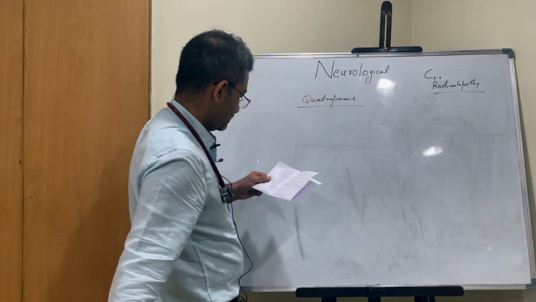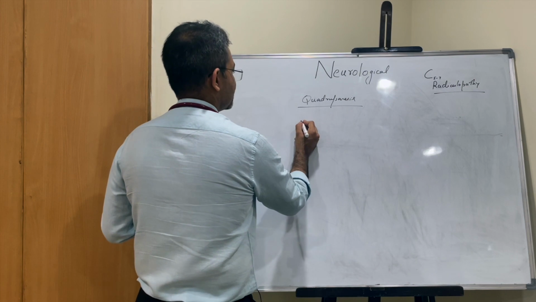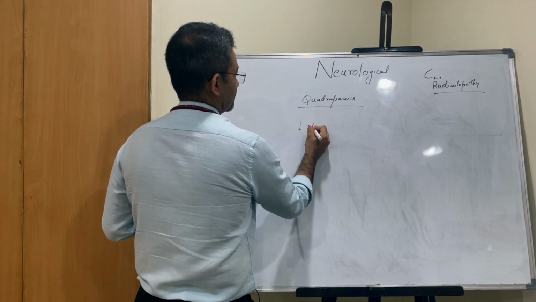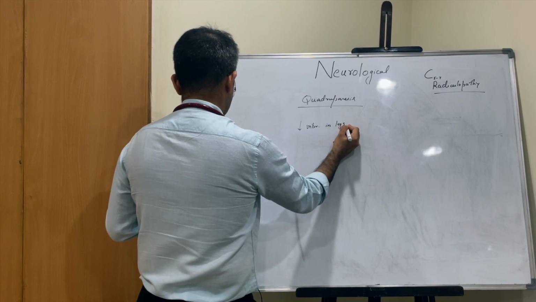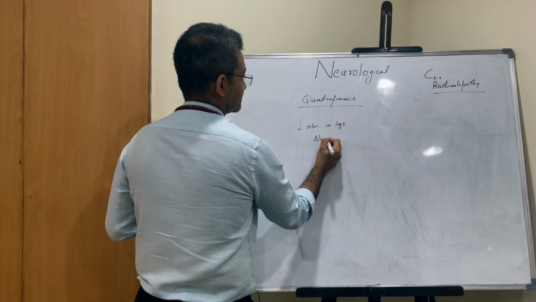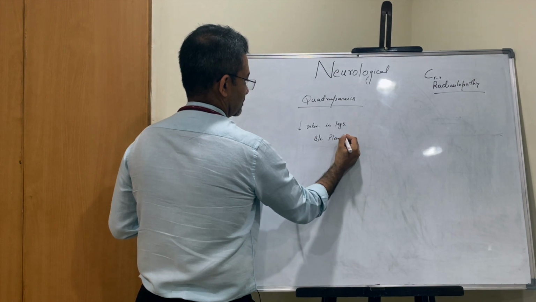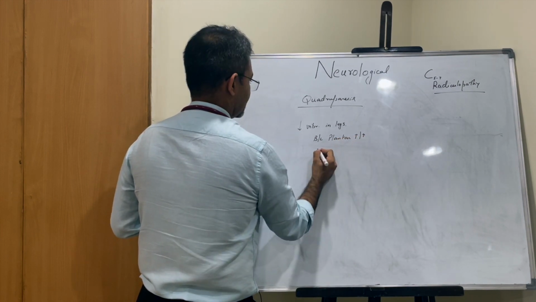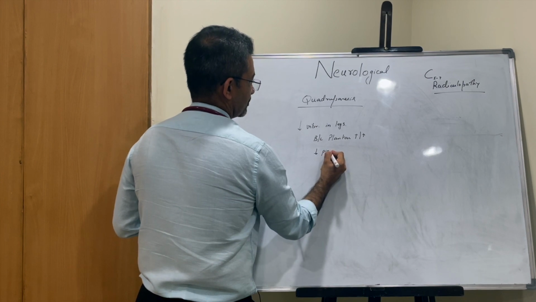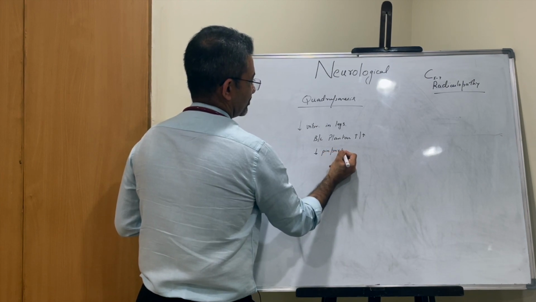Suppose you have decreased vibration sensation in legs, bilateral plantars are extensor, and decreased pinprick in both hands.